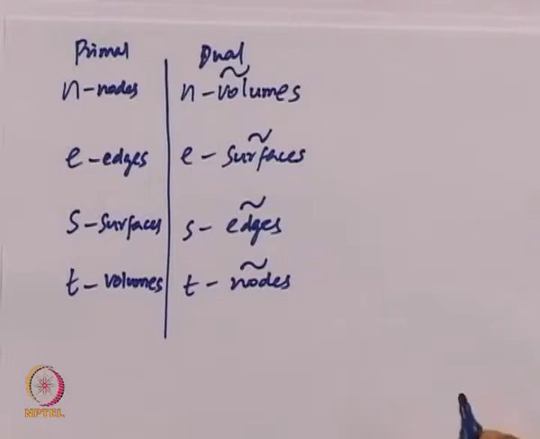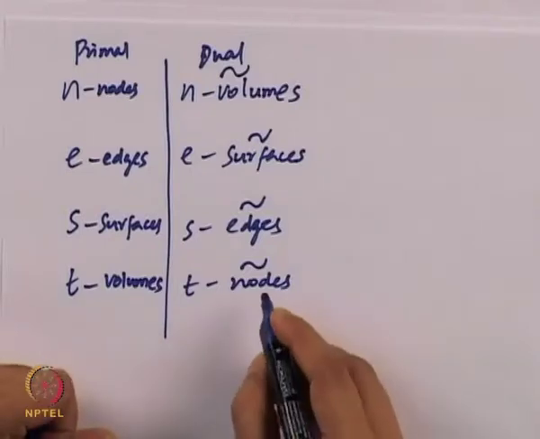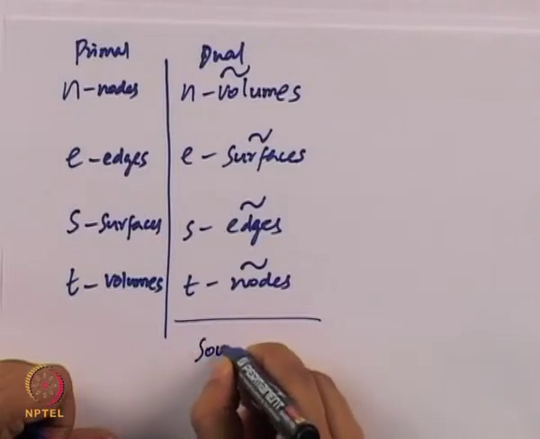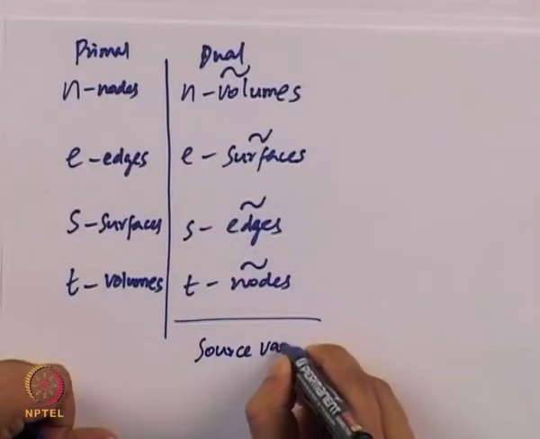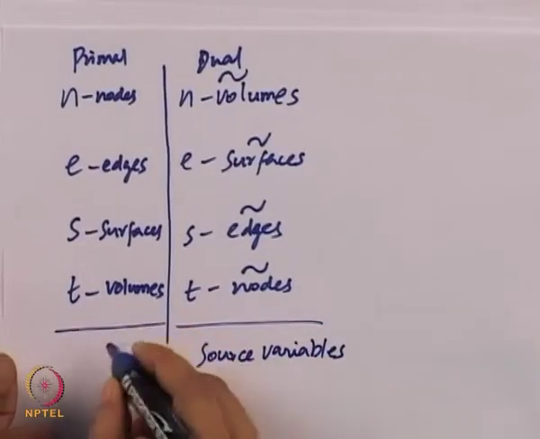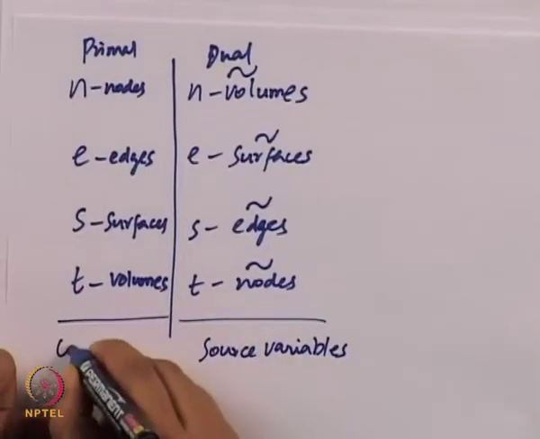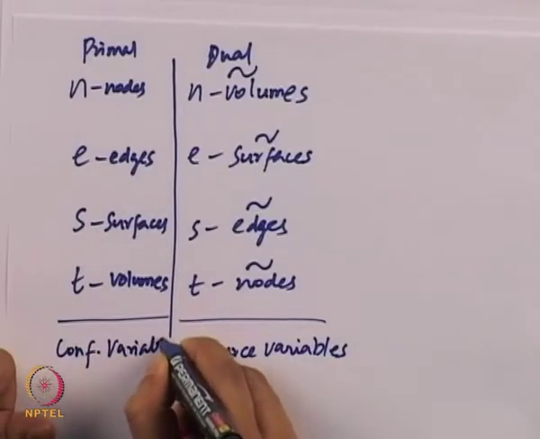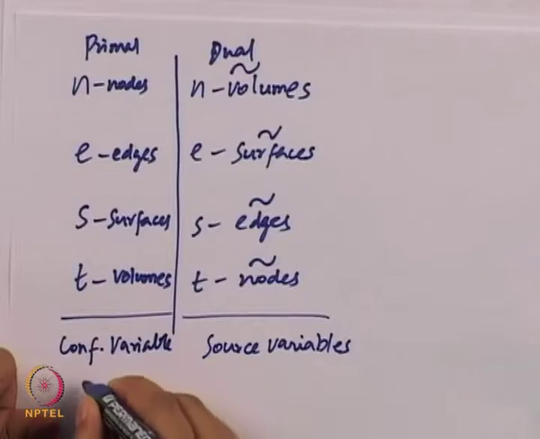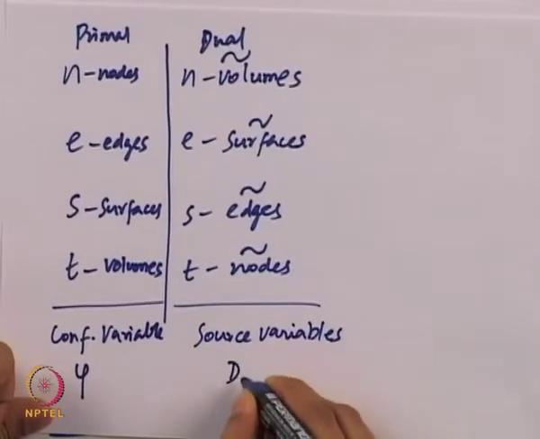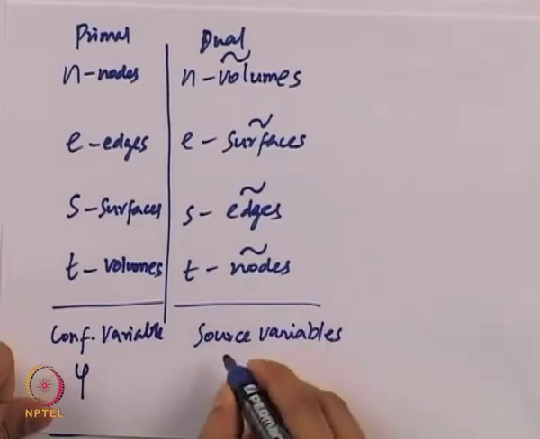So what we are going to have is the dual grid is going to be the place where we are going to keep the source variables, and the primal grid is going to be the place where we are going to keep the configuration variable. In this case, the potential will be in the primal grid, whereas D will be in the dual grid.